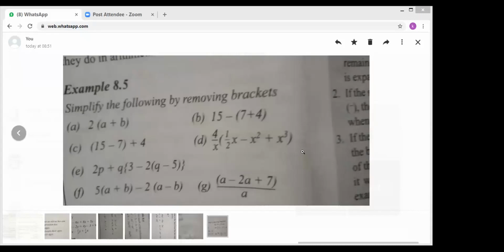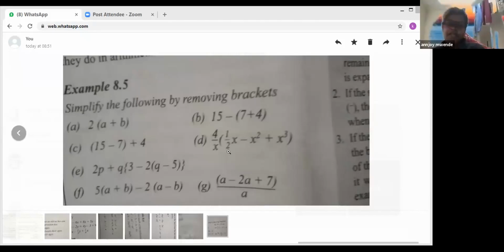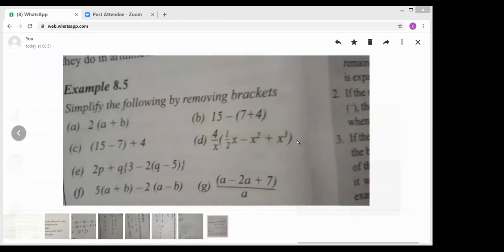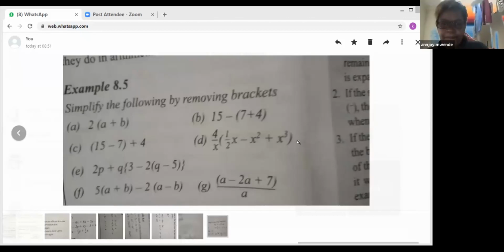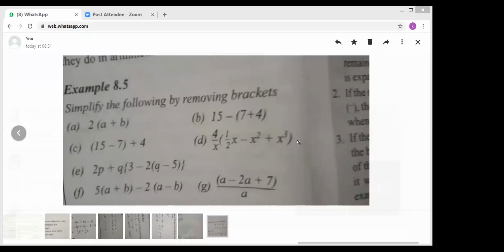From my end, I am on part D. I have 4 over x times the bracket: a half x minus x squared plus x cubed. What are you supposed to do?